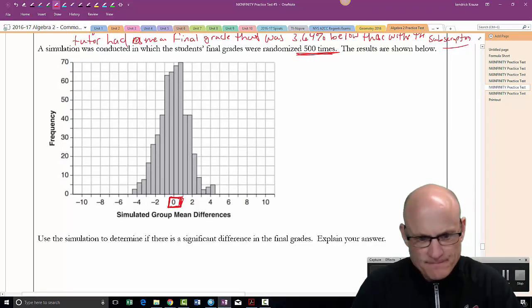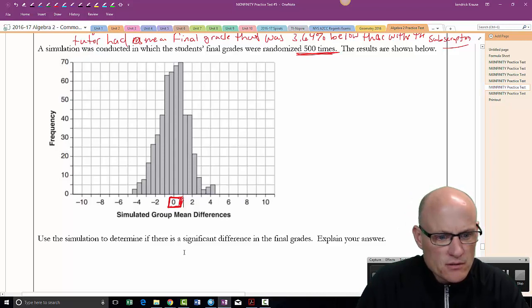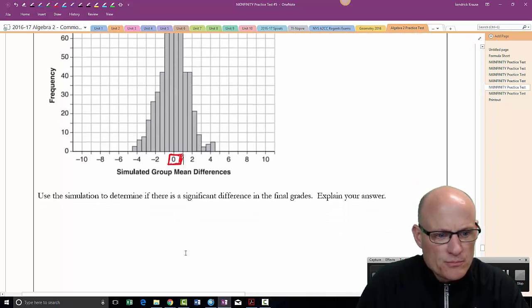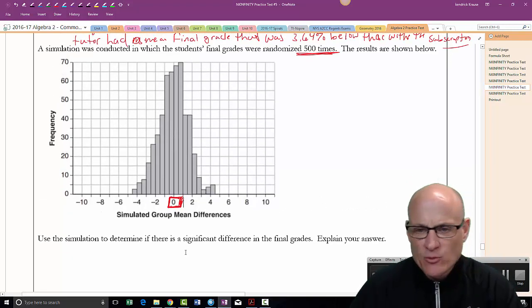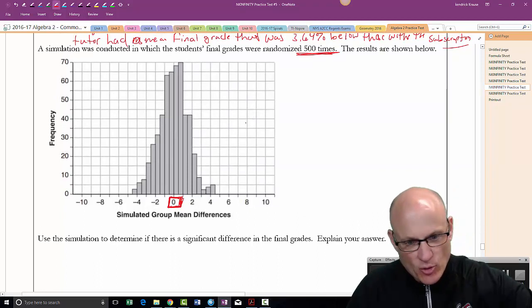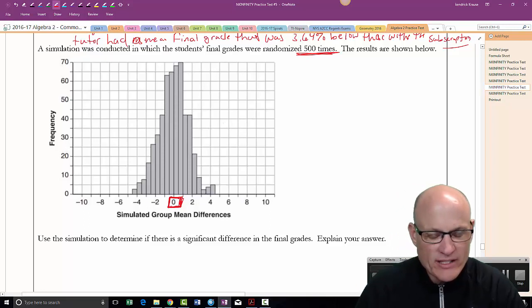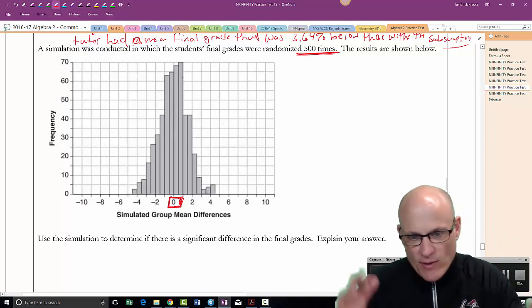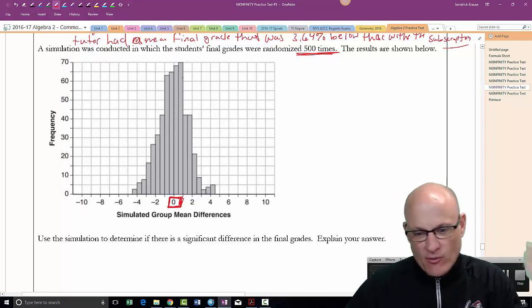So here's what's going on. What they did was they randomized the grades, and they randomized them again, and again.